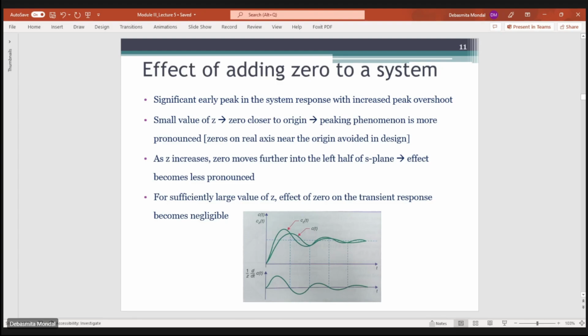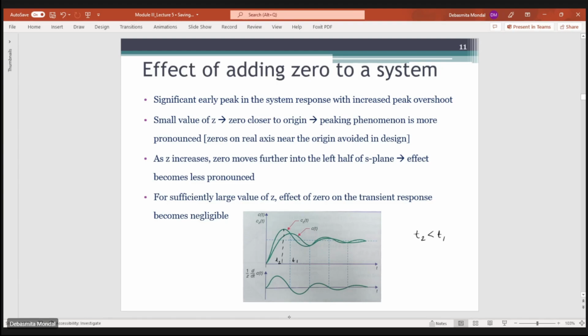One, the peak overshoot increases, and also this peak comes at an earlier stage. If there is no 0 in the system, let's say you get the peak at T1, but the moment you add a 0, you get the peak earlier, where T2 is less than T1.